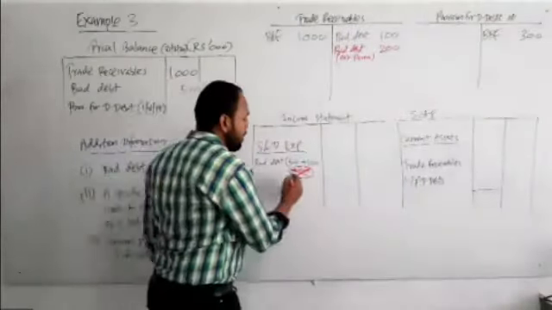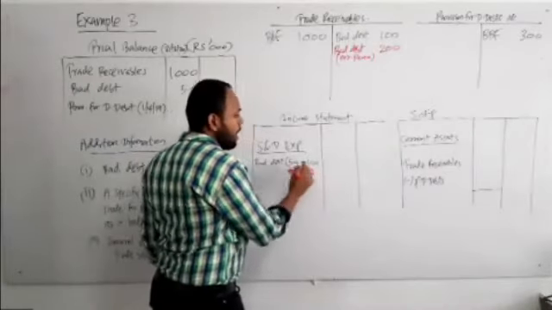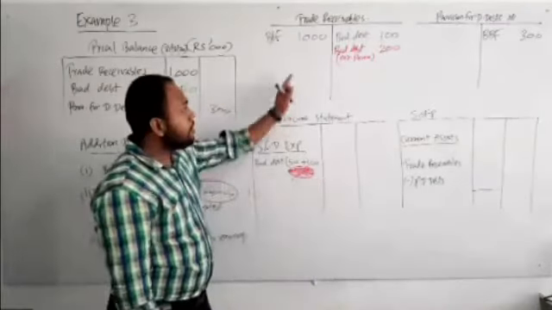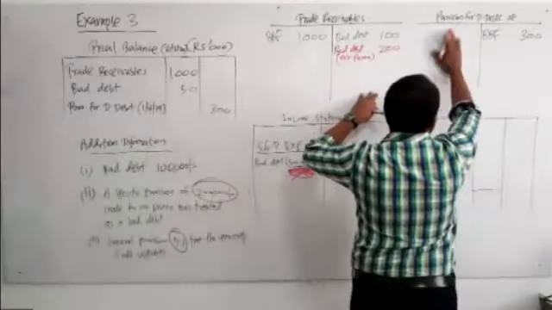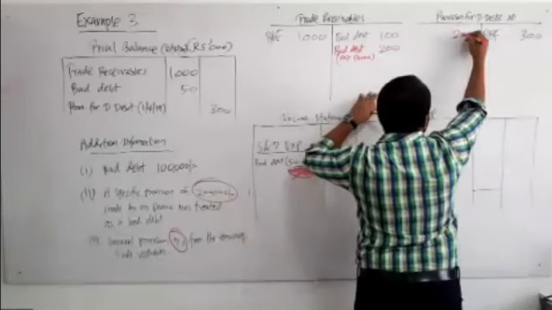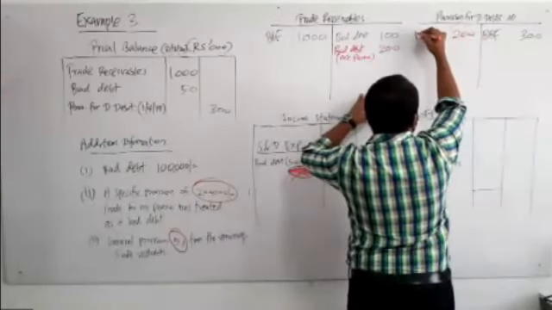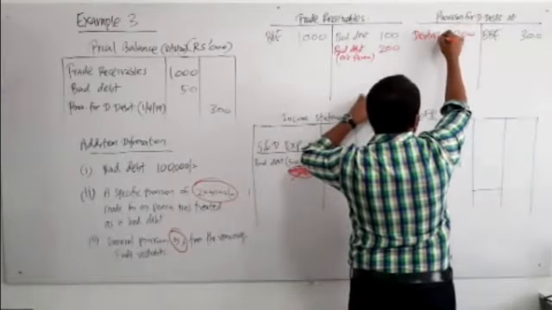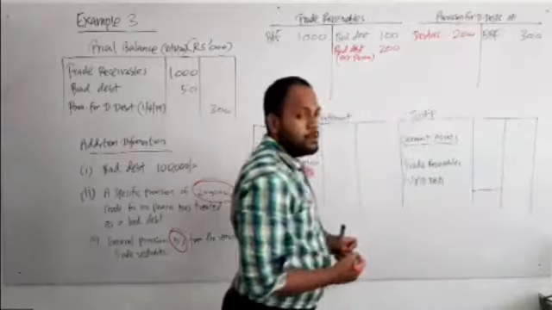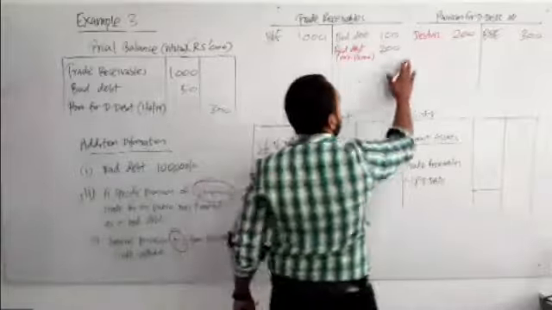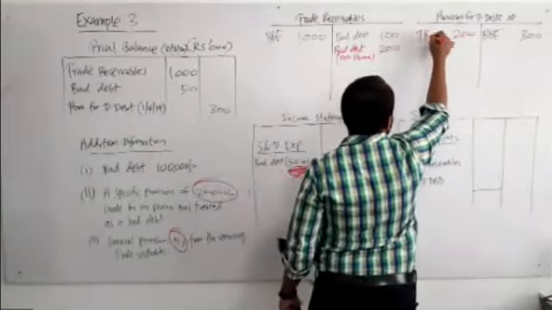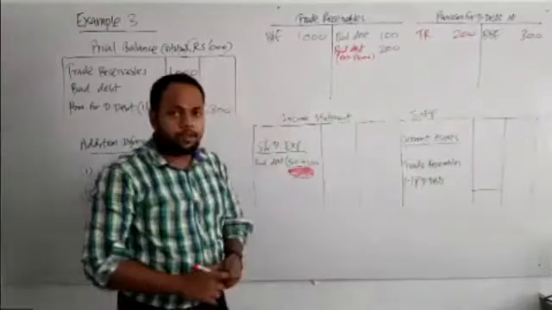Therefore, you can't take this 200 again to the income statement. We credit the trade receivables and we have to debit the provision for doubtful debt, 200,000. So that's the double entry.